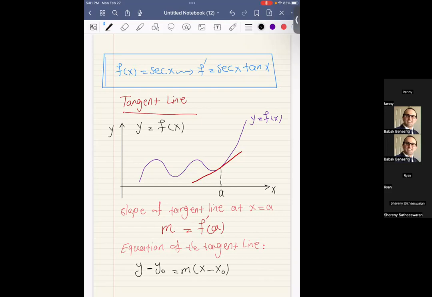And what is x0 and y0? x0 and y0 is just one point on the line. Here, I know that one point is a and f of a, this point on the graph of the original function. Let me show it to you on this picture.